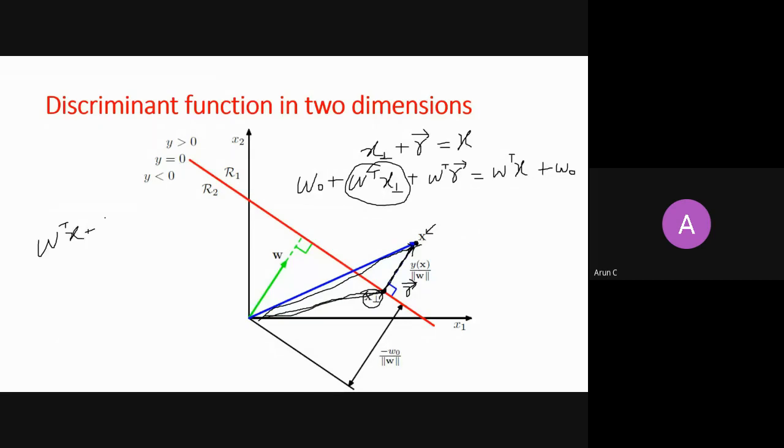And if a point falls on a hyperplane, it will equate to 0, right? So if X orthogonal is on the hyperplane, as I showed you, it means this equates to 0.